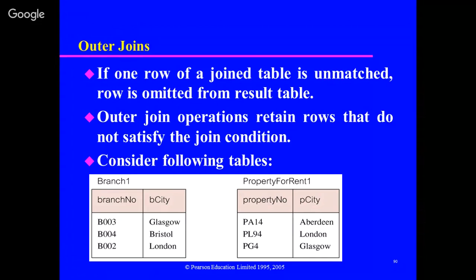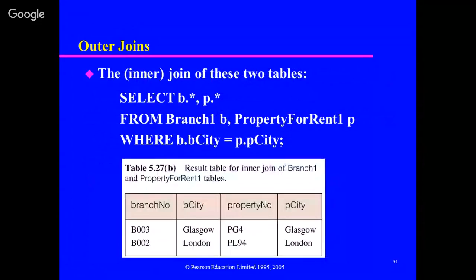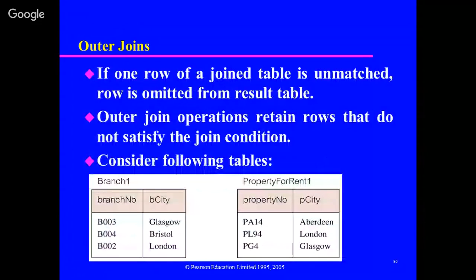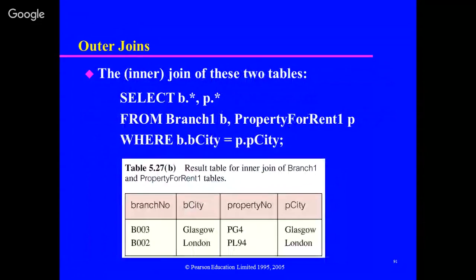If your answer is 1, you are right. Oh, sorry, my mistake. There are 2 rows, the 2 values that are common between the 2 tables, Glasgow and London. So if I do a normal join, I will get 2 rows. If you had guessed that it is 2, your answer is right.